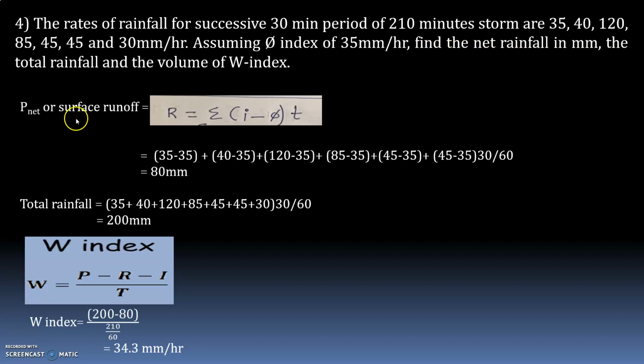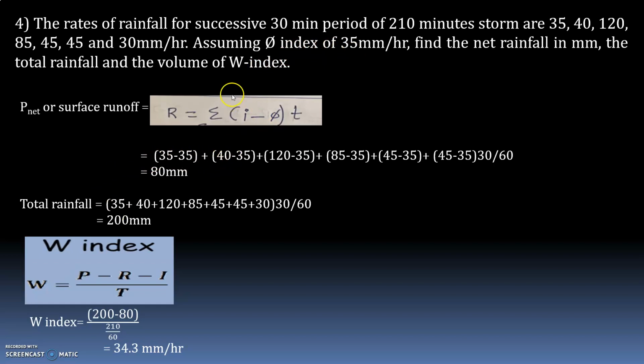So the net rainfall, the P net, that is also equal to the surface runoff, that is R equal to summation of (I minus phi) into T. This is the surface runoff, that is also equal to net rainfall. So what is that? I is equal to rainfall intensity, that is 35 for the first case. 35 minus phi, phi is 35. So 35 minus 35.